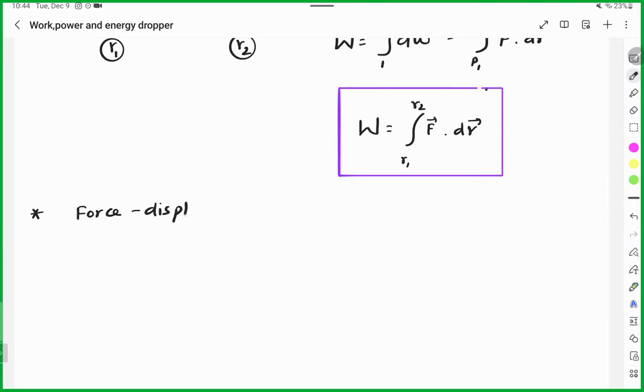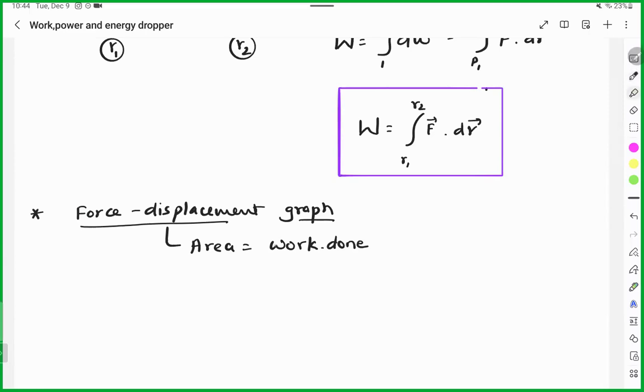As you know, if you have a force displacement graph and if you take the area of this graph, this area will give you work done. Understood, guys? Like how a PV graph will give you work done, the same force displacement graph gives you work done.